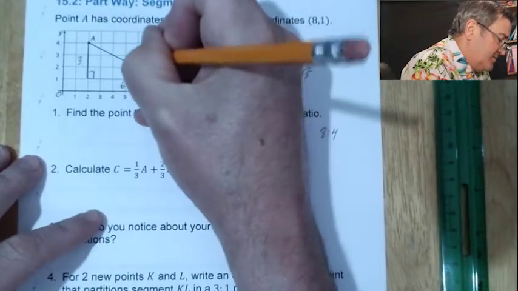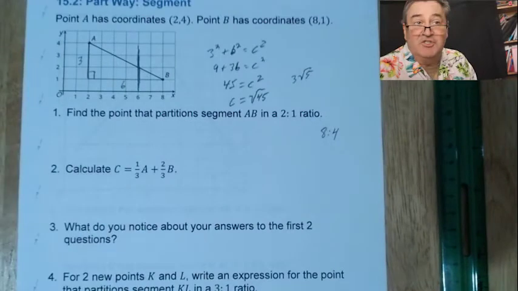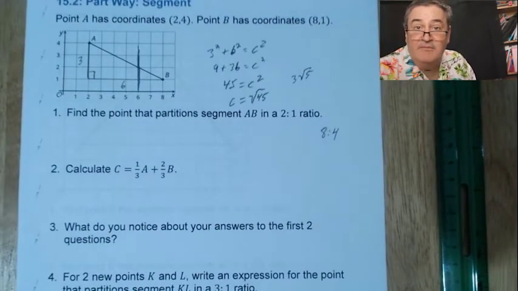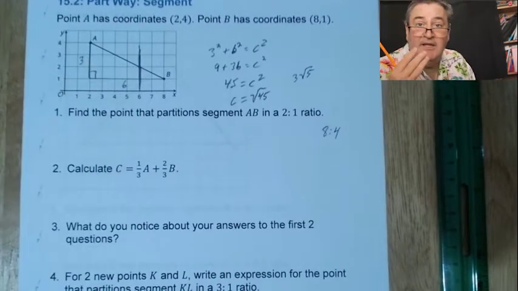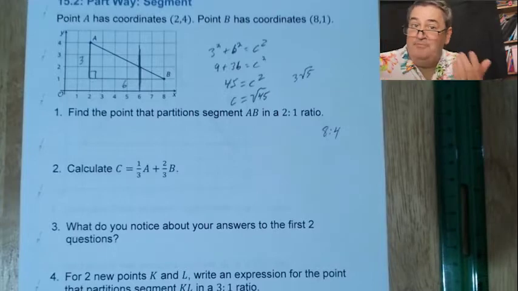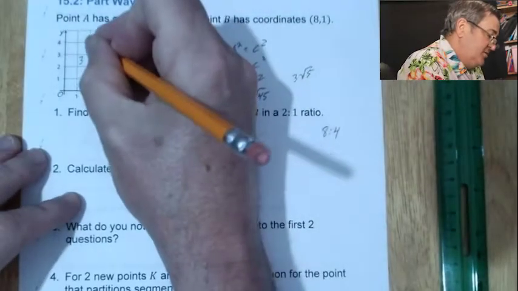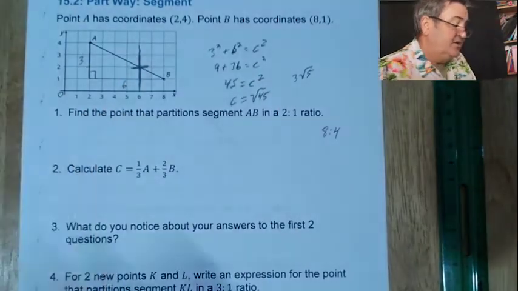So A is going to come all the way to here. Up and down is 3, and of those 3, A gets 2 of them, B gets 1. So A would get 2 of them and come right here. So this is a 2-to-1 ratio.